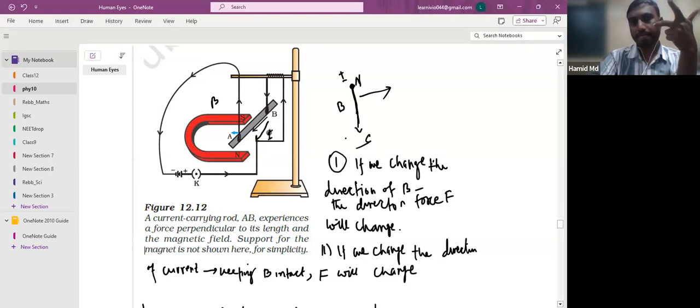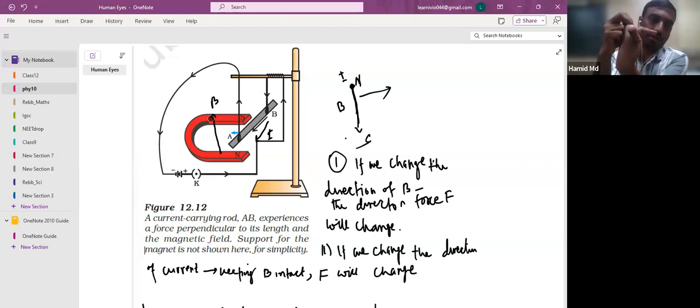And from north to south is the direction of the magnetic field. So the direction of current is here, and the magnetic field is there. So the force on the conductor will be along the thumb.